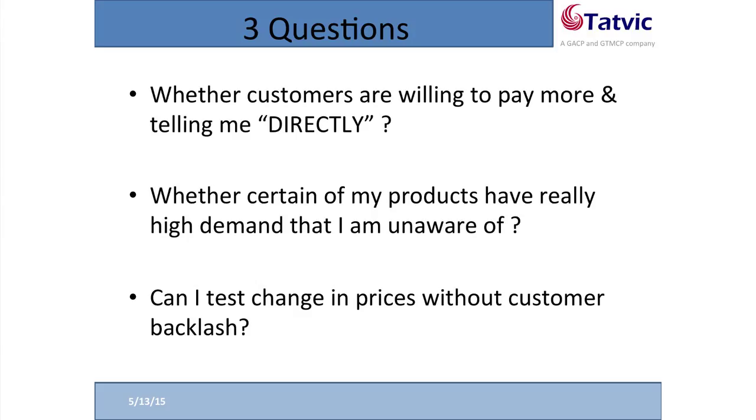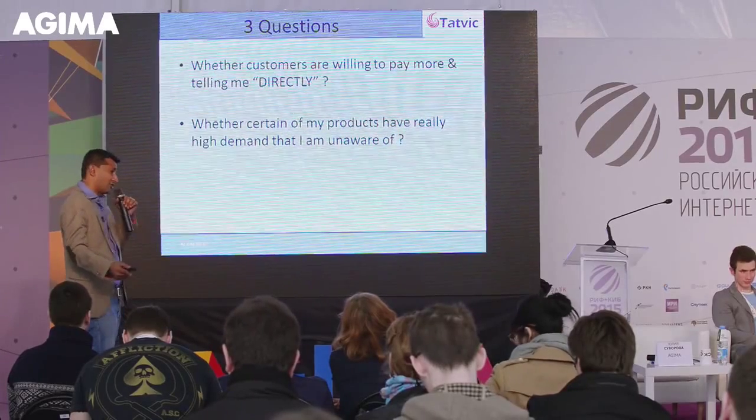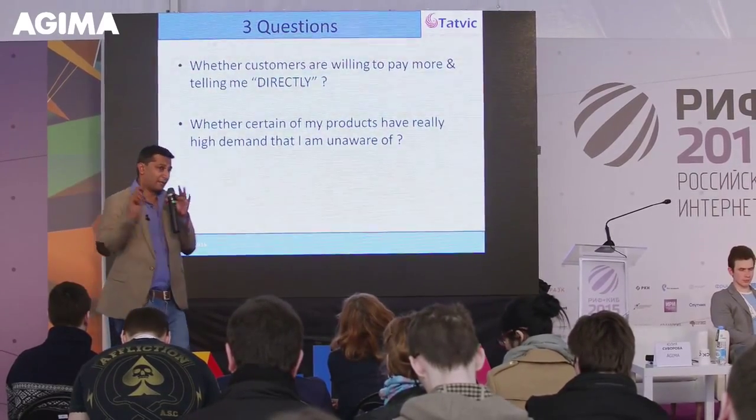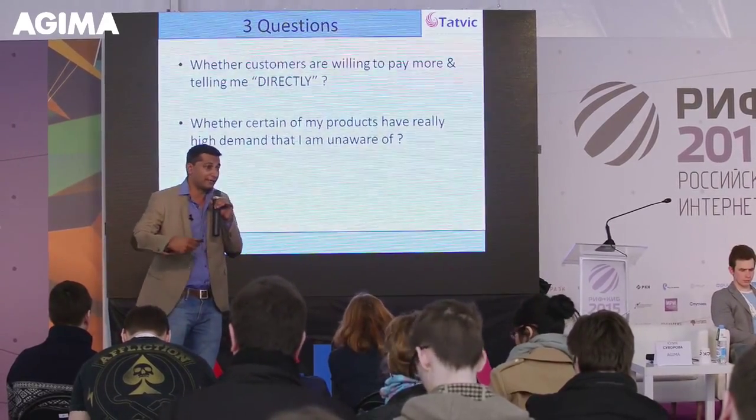First question is whether your customers are really willing to pay more, and they are telling you directly, right? Not from a back door, not by telling an agency and the agency tells you, but directly. Second question is whether a certain set of my products has an inherent demand.